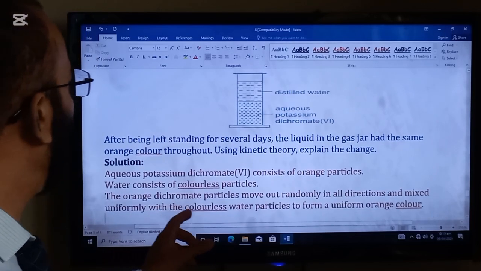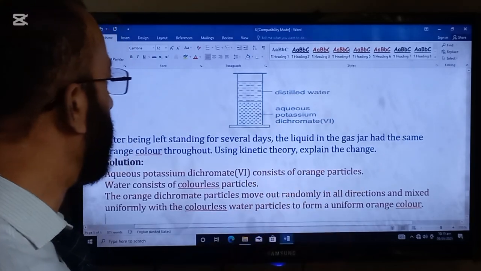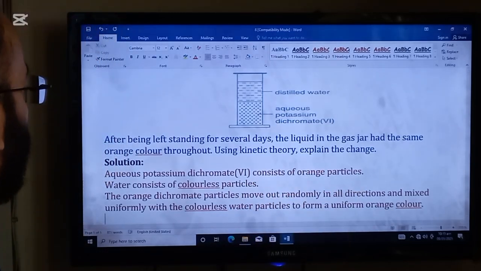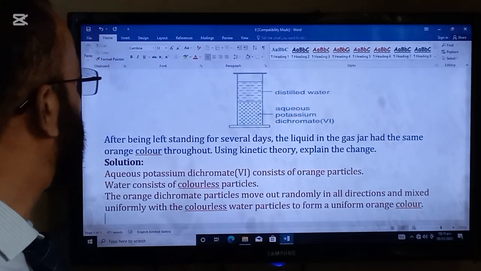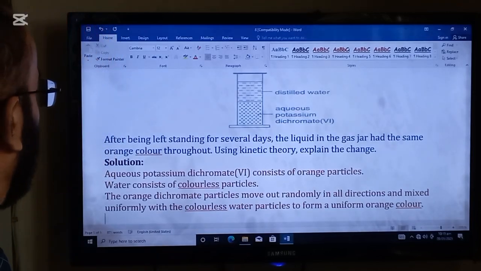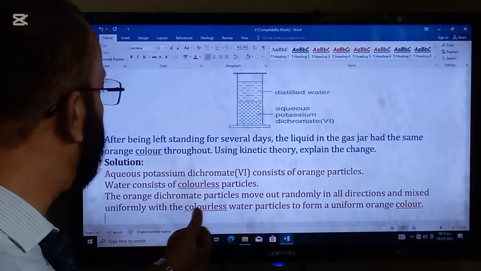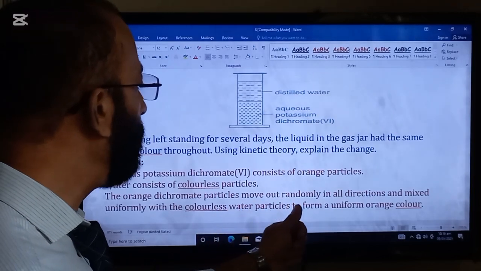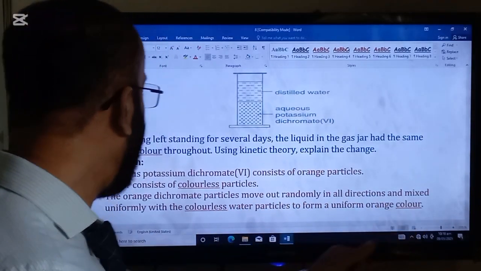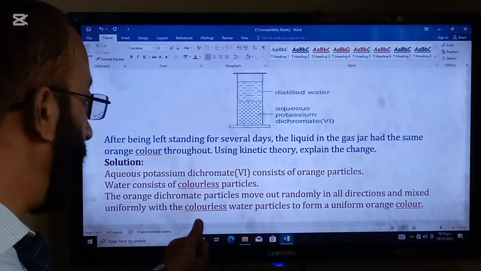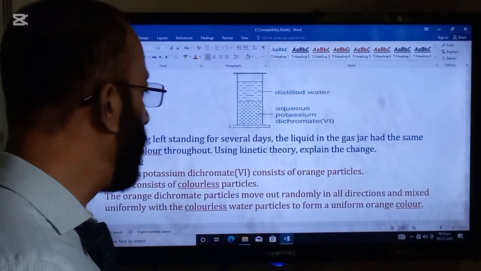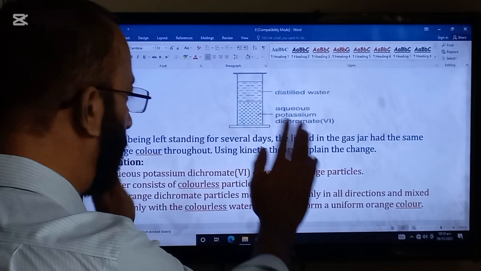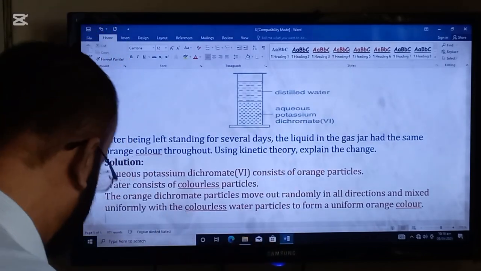Aqueous potassium dichromate consists of orange particles. Water consists of colorless particles. The orange dichromate particles move out randomly in all directions and mix uniformly with the colorless water particles to form a uniform orange color. So this is the explanation.